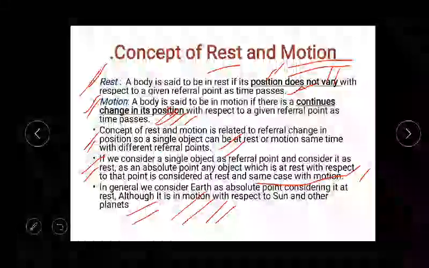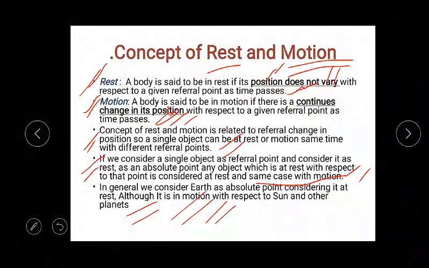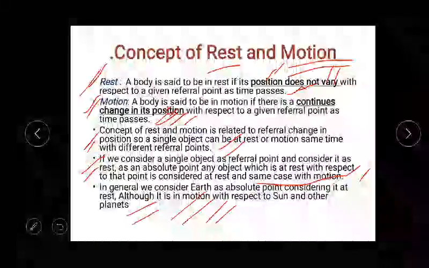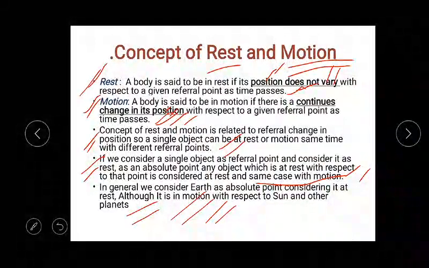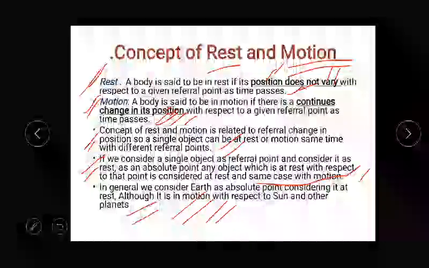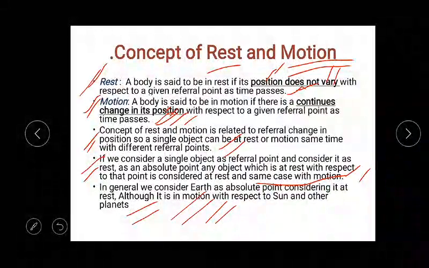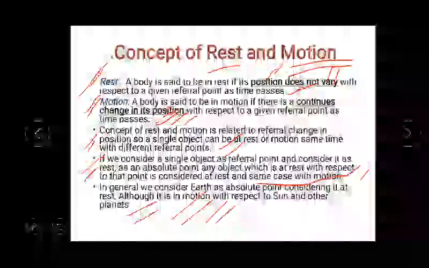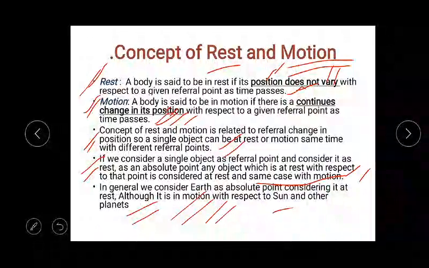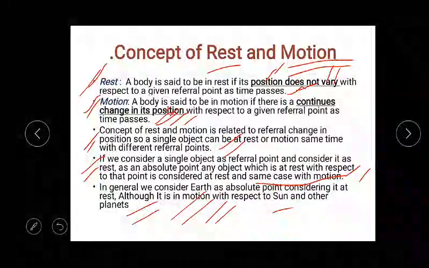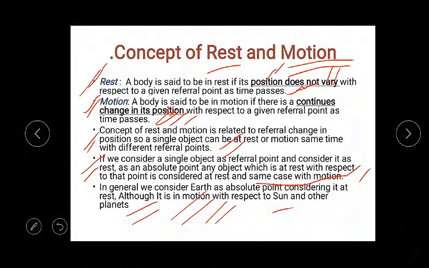But as we know very well, Earth is not at rest. Earth is not at all at absolute rest, as it is going around the Sun, and thus we can consider the Sun. The Sun is also not absolute. So in reality, in the universe there is nothing called an absolute rest position.